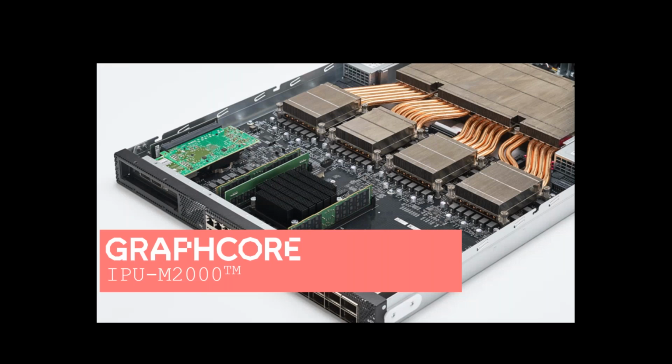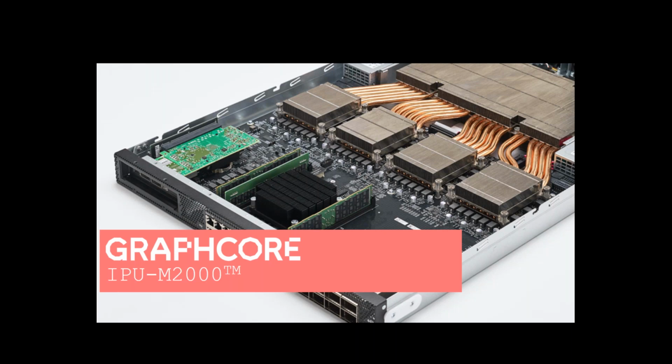So you'll see on our website pictures of our recently released M2000. And this is where the numbers really grow and grow and grow. One of these devices, as I said, has 4 of our Mark II Colossus devices, each with 59.4 billion transistors.